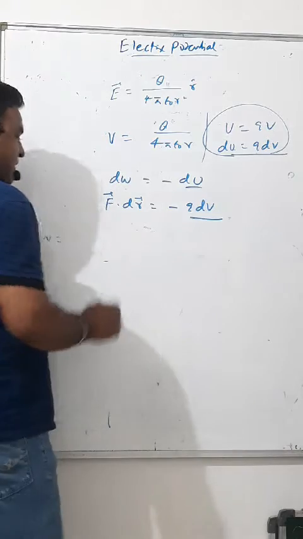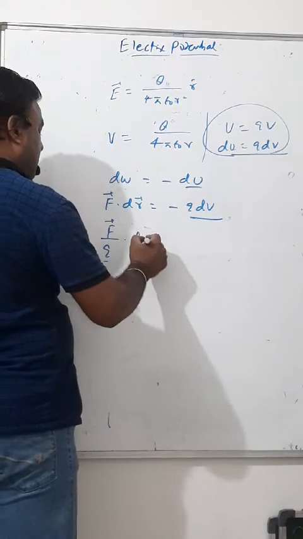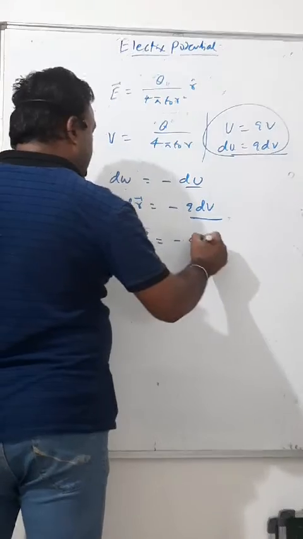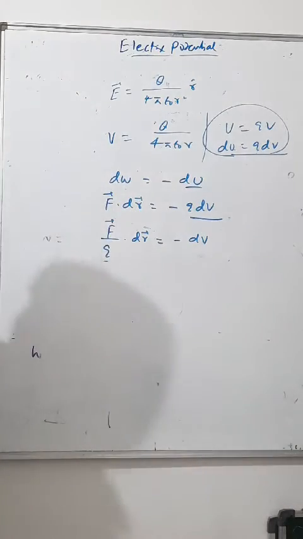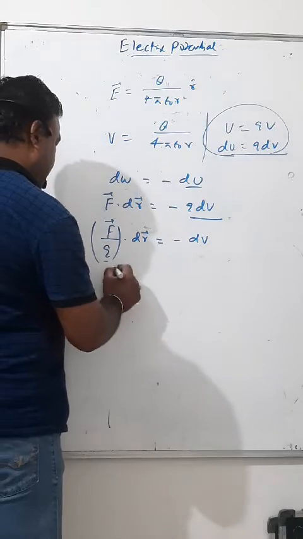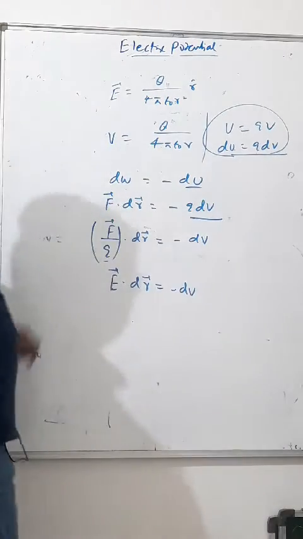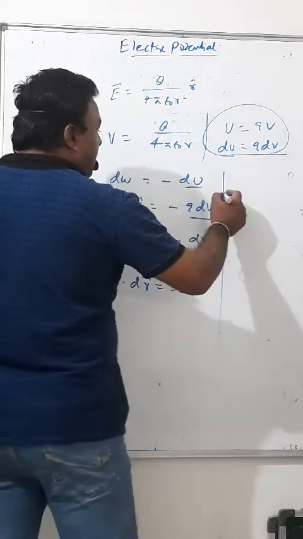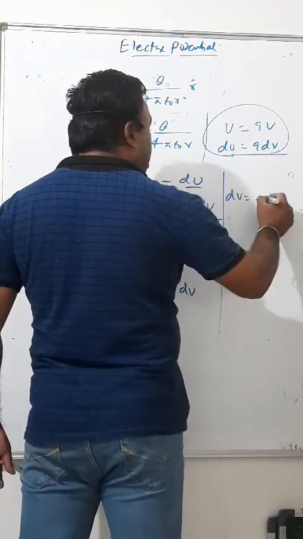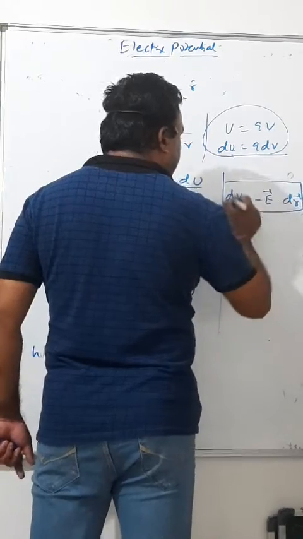By this simple assessment, if I place Q here, it is minus dV. F by Q is what? By the definition, electric field. E dot dr equals minus dV. Or I write here dV is equal to minus of E dot dr.